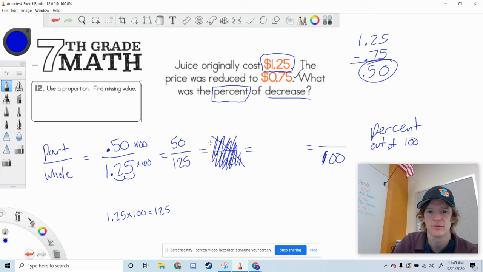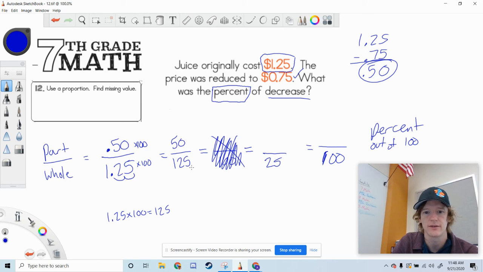If I count by 25s, I can do 25 5 times, 25 2 times, and 25 4 times makes 100. So I'm going to make 25 my denominator.